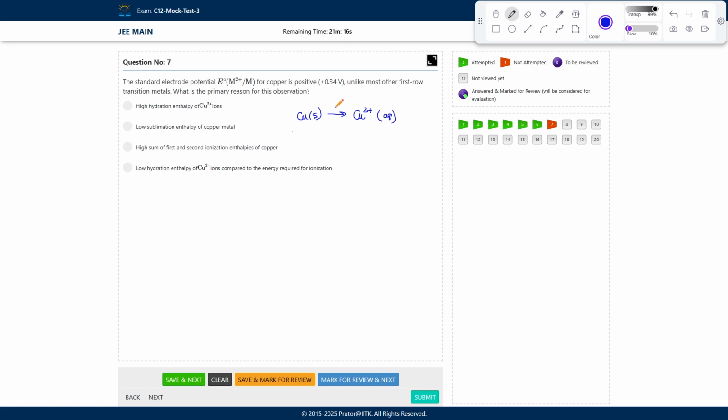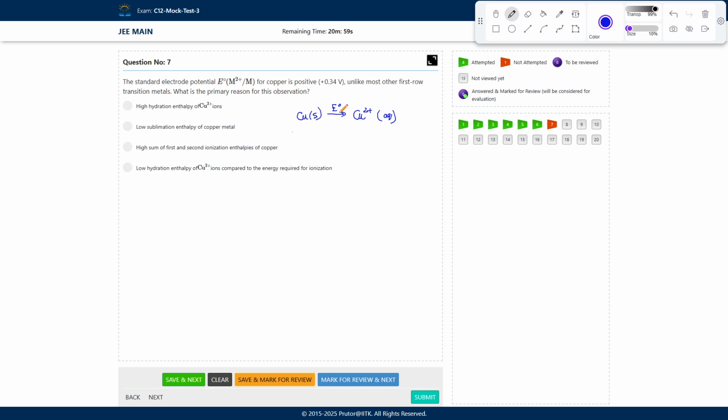This E naught, the standard electrode potential, reflects the high energy required for this conversion.